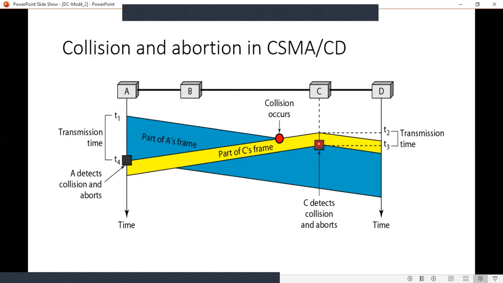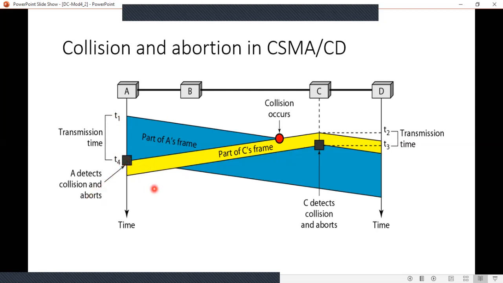This is the point where C detects the collision and aborts its message. Next at time t4, this is the transmission time t4 minus t1, and at this point A detects the collision and aborts the frame.